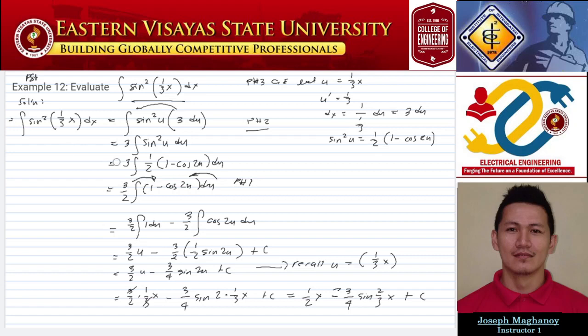So that is your final answer for your example number 12. 1 half x minus 3/4 sine 2/3 x plus c.